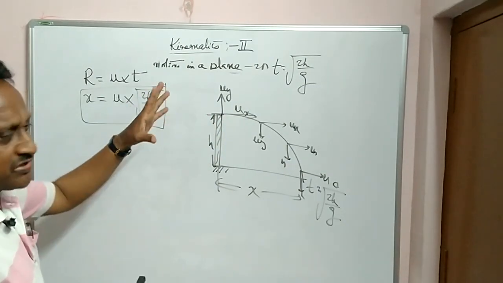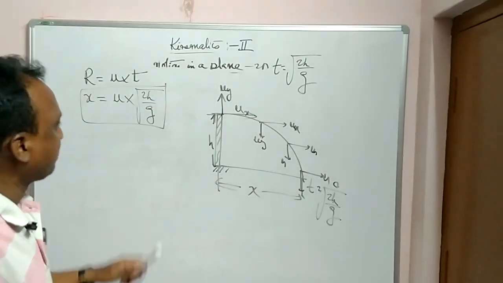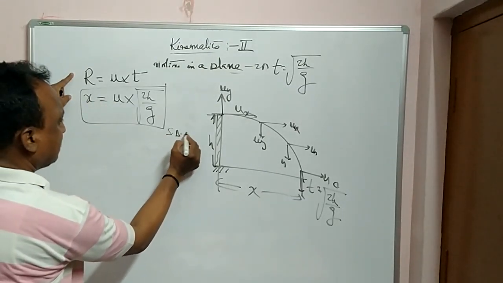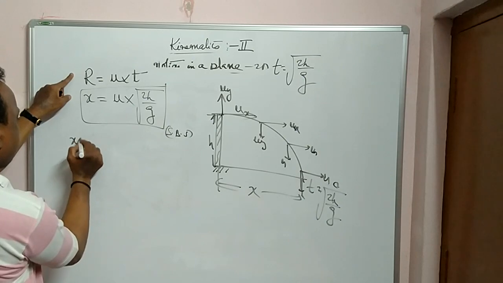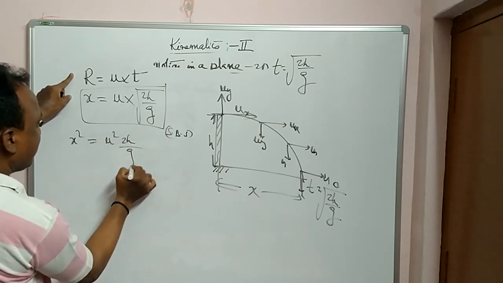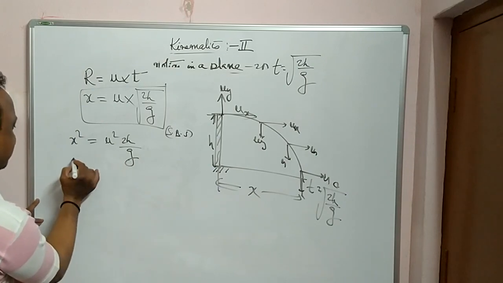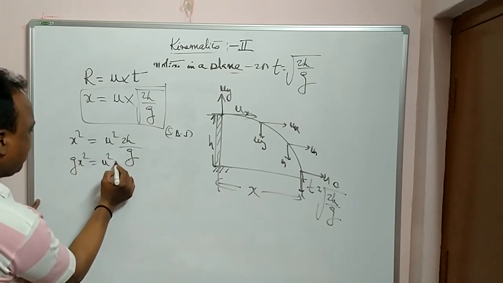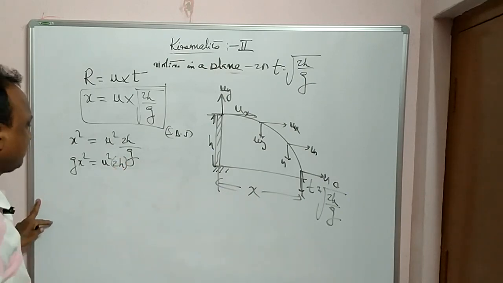Again, this equation you can prove whether it is a parabola or not by squaring both sides. When you square both sides, what happens? x square is equal to u square into 2h by g, or g into x square is equal to u square into 2h.